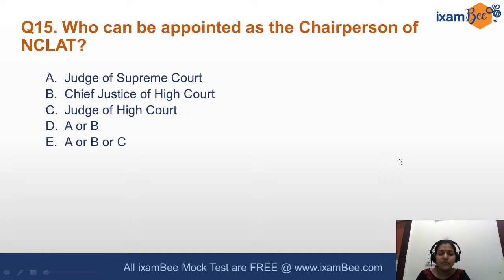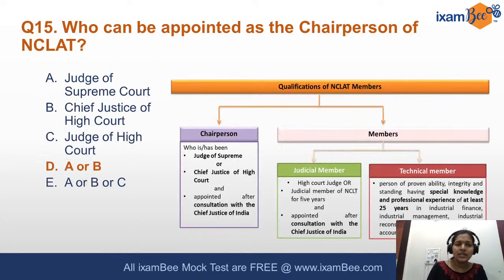The last question for today from the 27th chapter, which is there in the syllabus for SEBI: who can be appointed as a chairperson of NCLAT? So it is either a judge of the Supreme Court or the Chief Justice of a High Court.